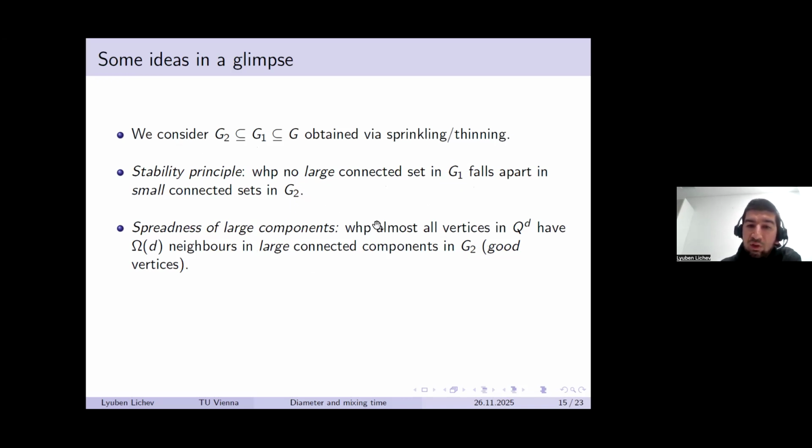Now, for this large connected set in G2, we want to see how it behaves with respect to the giant component when we go back to G. It turns out that if you have a large connected set in G2, then with very high probability, this large connected set will become part of the giant component.